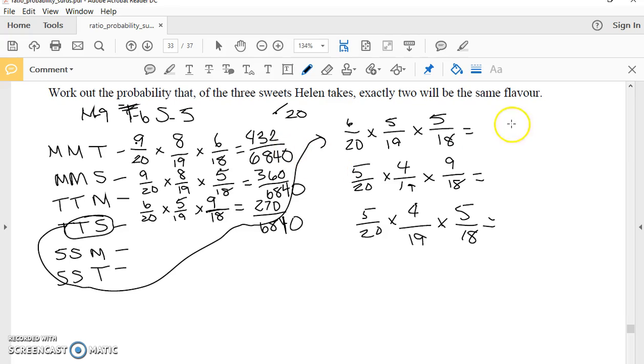And then we've got 6 times 5 times 5, so 30 times 5, 150. 5 times 4 times 9, so that's going to be 180. And 5 times 4 times 5, 100.